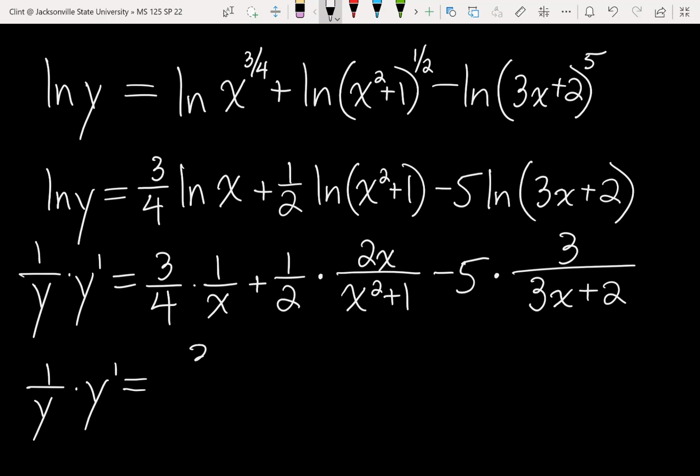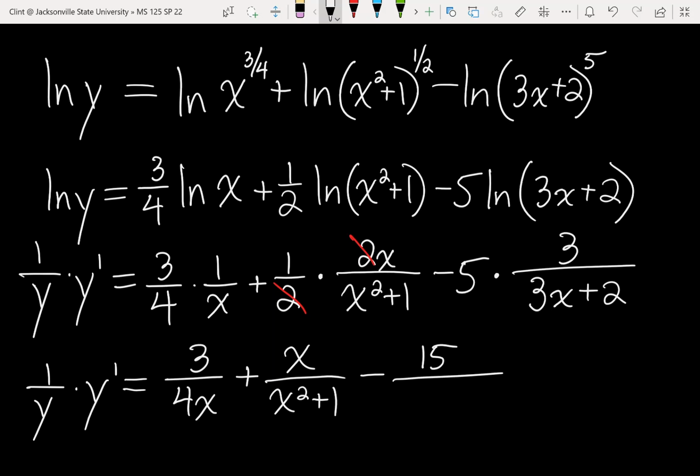So here that's 3 over 4x, plus, these 2's cancel, so plus x over x squared plus 1. And then minus 15 over 3x plus 2.